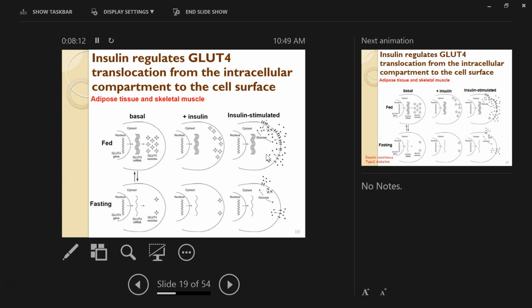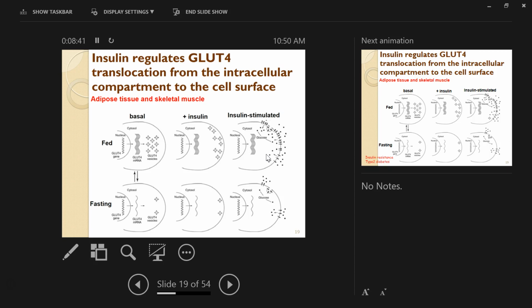So this is the mechanism of why GLUT4 is insulin dependent: without high levels of insulin, most GLUT4 transporter molecules stay inside of cells, and once insulin level is high, insulin stimulates the movement of GLUT4 molecules from inside of cells to the cell surface to transport glucose.